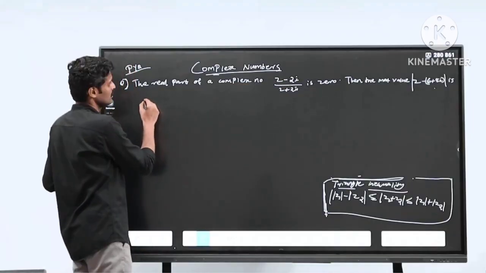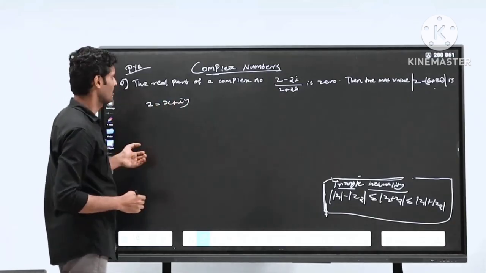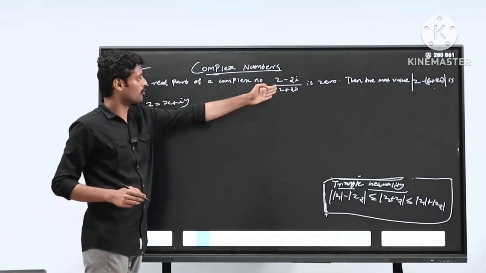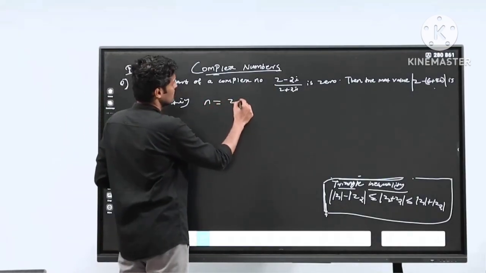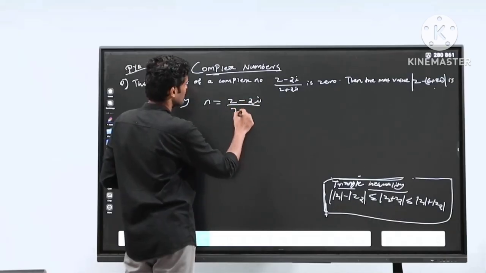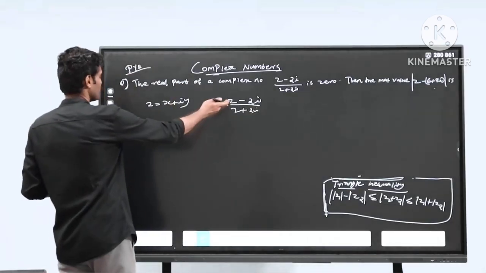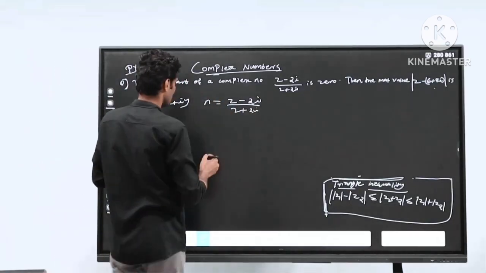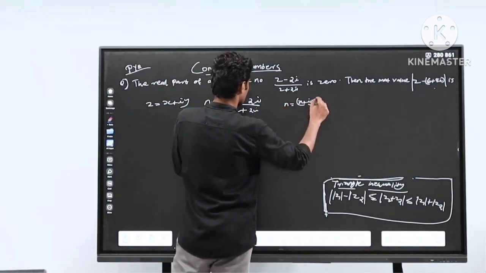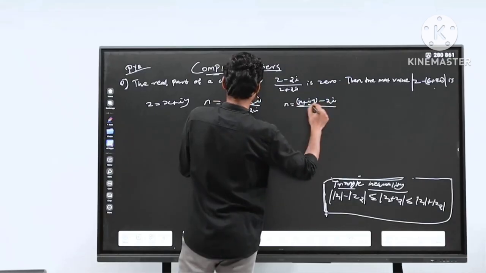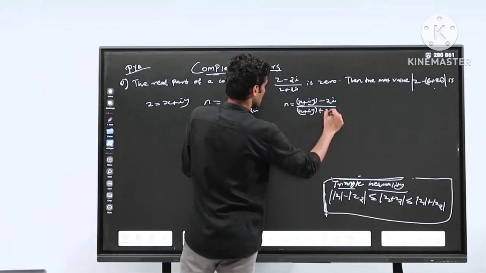So let z equal to x plus iy, and the real part of the complex number is given. So we can put n equal to (z minus 2i) divided by (z plus 2i). Substituting z, we get n equal to (x plus iy minus 2i) divided by (x plus iy plus 2i).